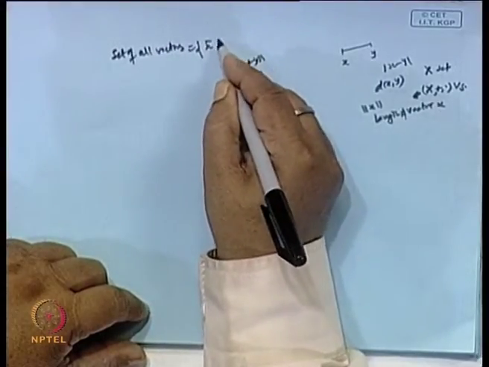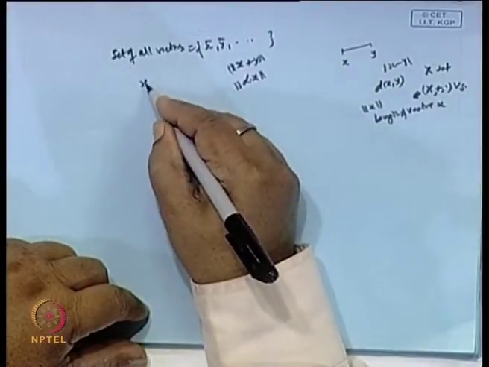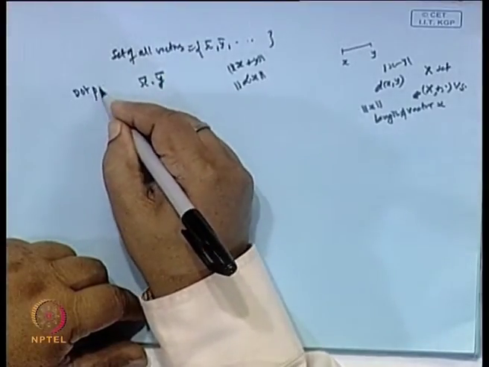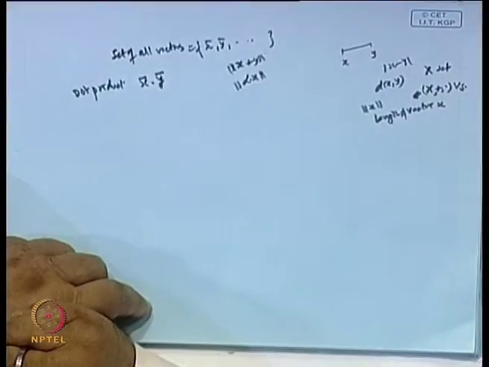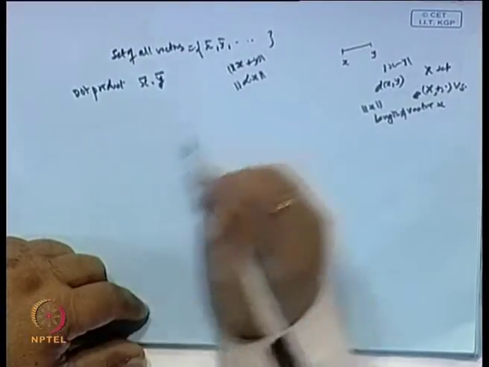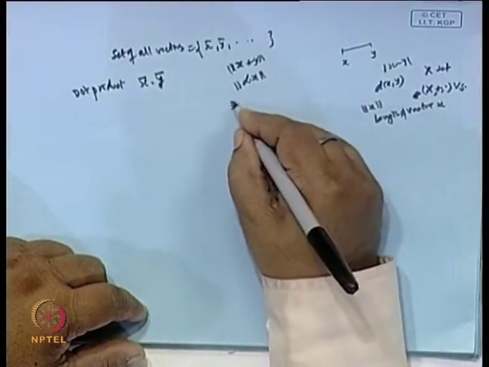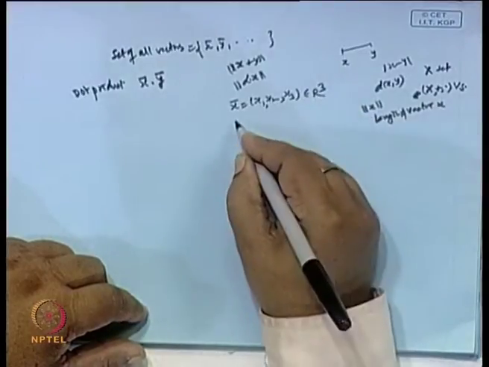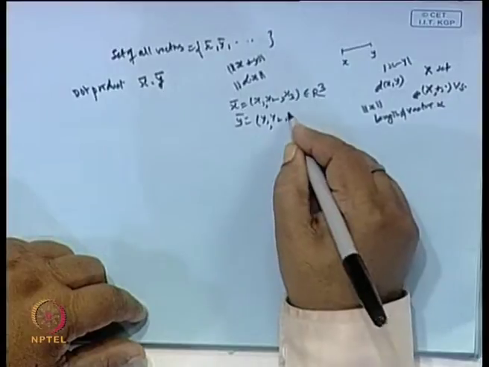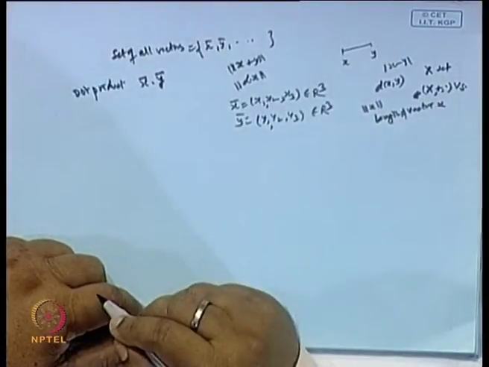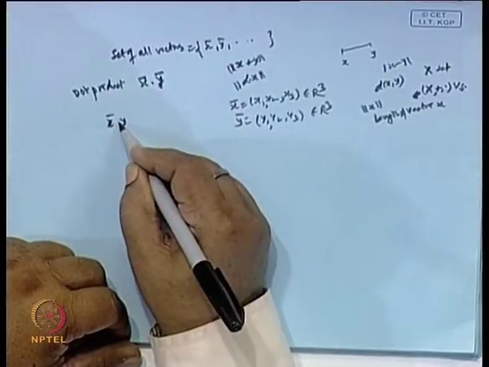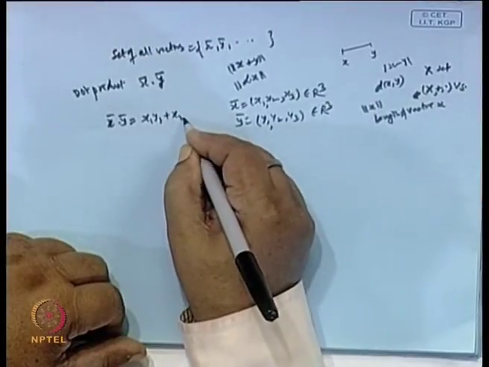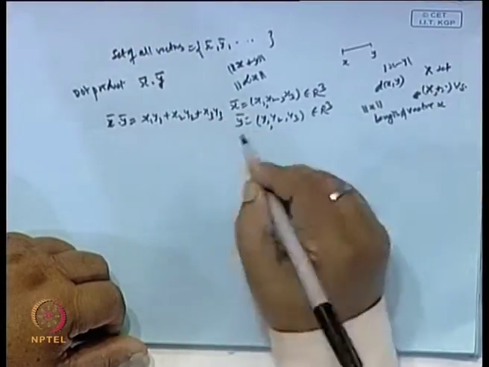say x bar, y bar, z bar, there is a well known and useful concept that is known as the dot product of the two vectors, x bar dot y bar. Suppose x bar is x1, x2, x3 in R3 space, and y bar is y1, y2, y3, that is also in R3 space, and this dot product in case of the three dimensional vector space is nothing but x1 y1 plus x2 y2 plus x3 y3.